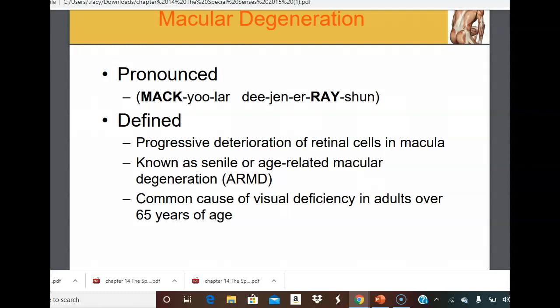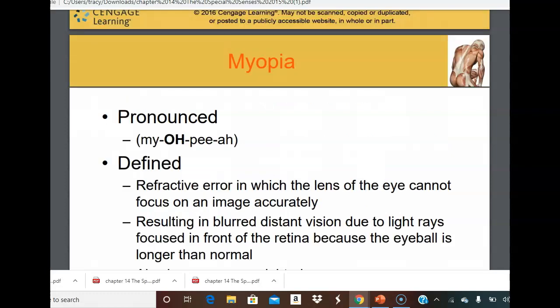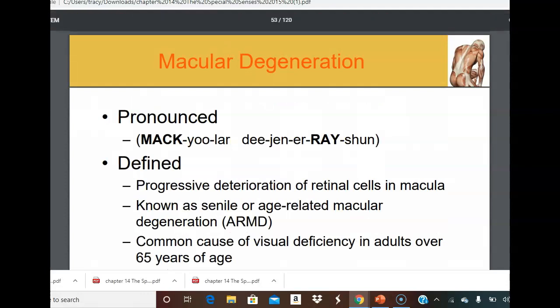Now, macular degeneration. Macula, remember, is the area where the fovea centralis is located. The fovea centralis sits right in the middle of the macula. If that area starts to degenerate, and the cells in the fovea are destroyed, then we can get something called age-related macular degeneration. It is more common over 65. These individuals maintain their peripheral vision, but they can't read very well.